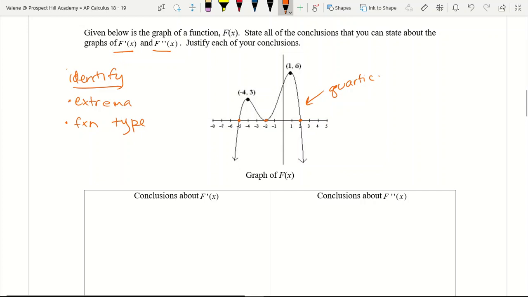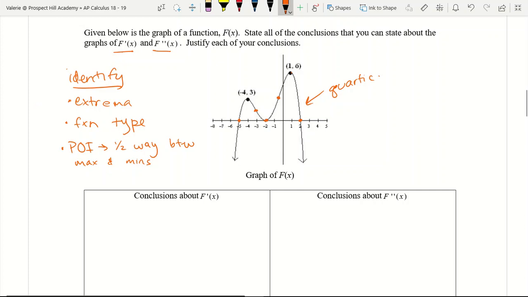The other thing we can identify are points of inflection, because on polynomials, the points of inflection are halfway between maximums and minimums. So between a maximum and a minimum is a point of inflection.